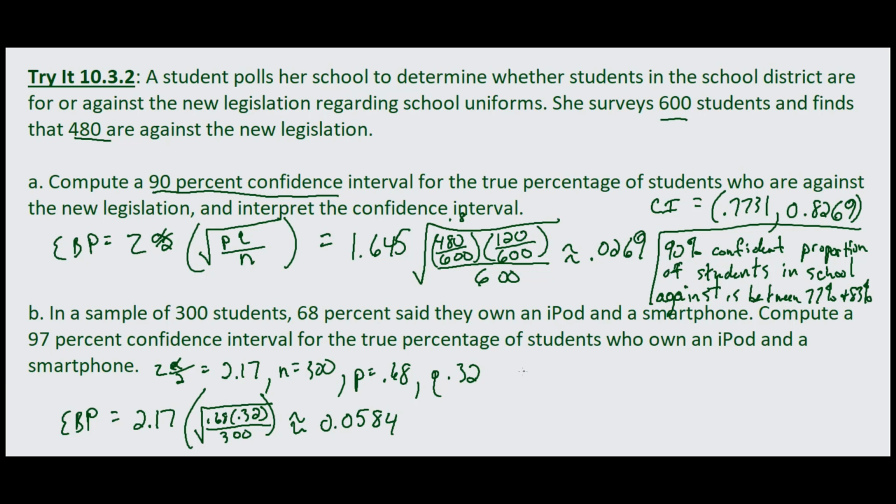So then our confidence interval is going to equal the 0.68 minus 0.0584, and the 0.68, our P proportion, plus 0.0584.